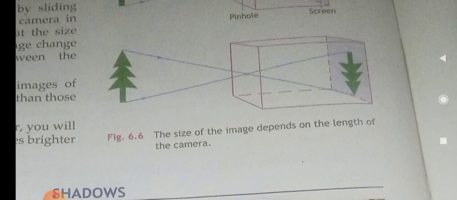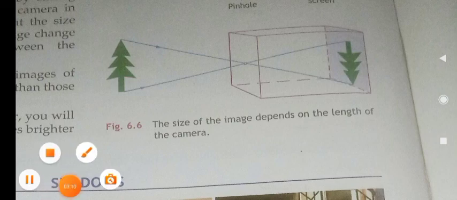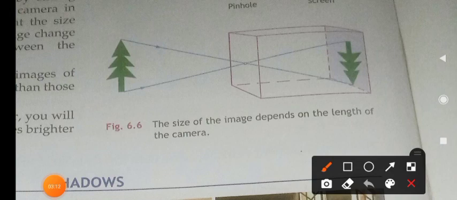Another variation is you can check that the images of distant objects are smaller than those of near objects. So the images of nearer objects will be bigger, and the images of faraway objects will be smaller.